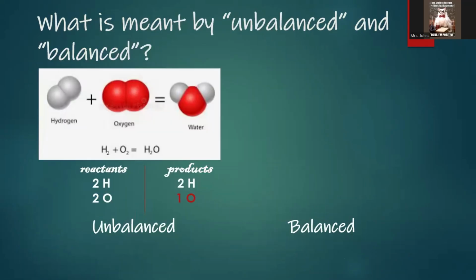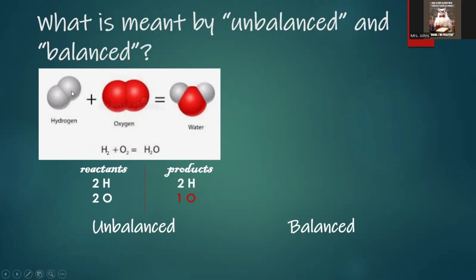So what do I mean when I say an unbalanced equation or a balanced equation? On the left-hand side of the screen, we see hydrogen gas reacting with oxygen gas to produce water. There are two hydrogen atoms stuck together, two oxygen atoms bonded together, and then we have an oxygen and two hydrogen atoms bonded together.